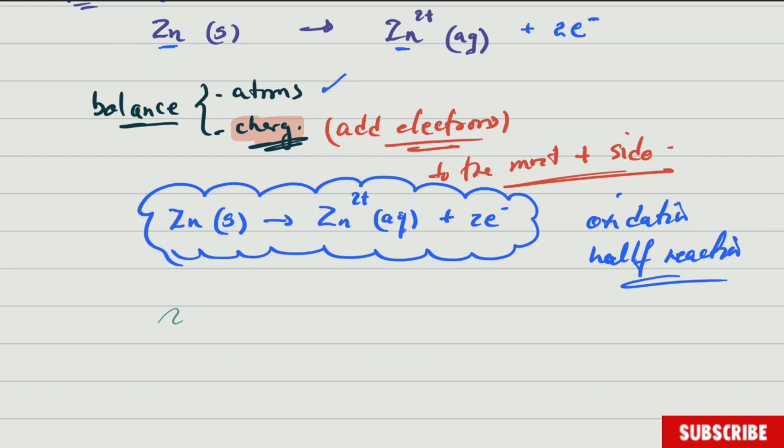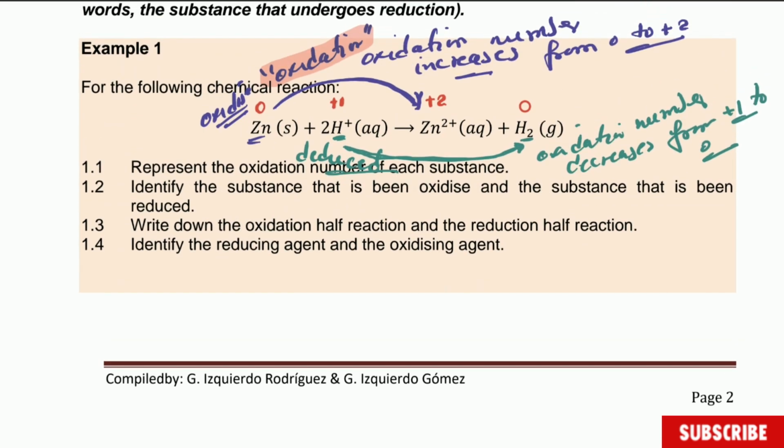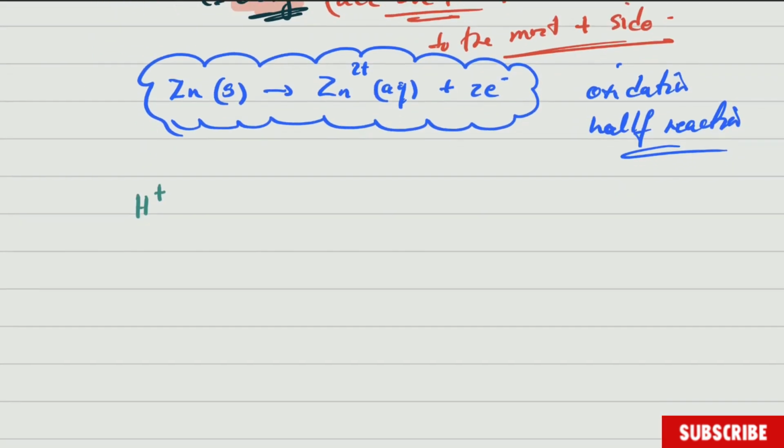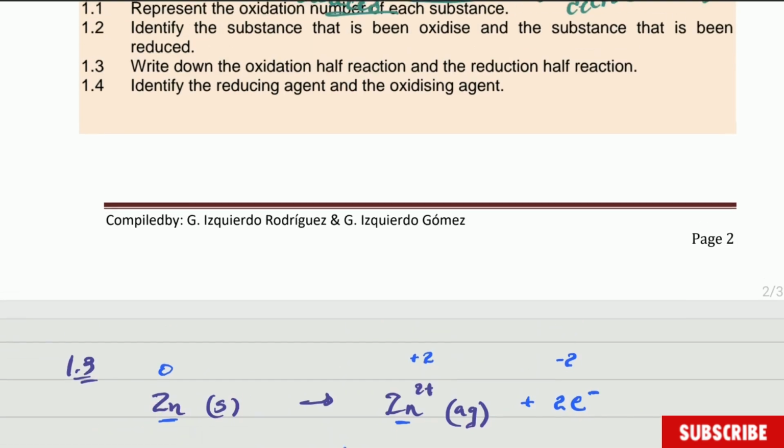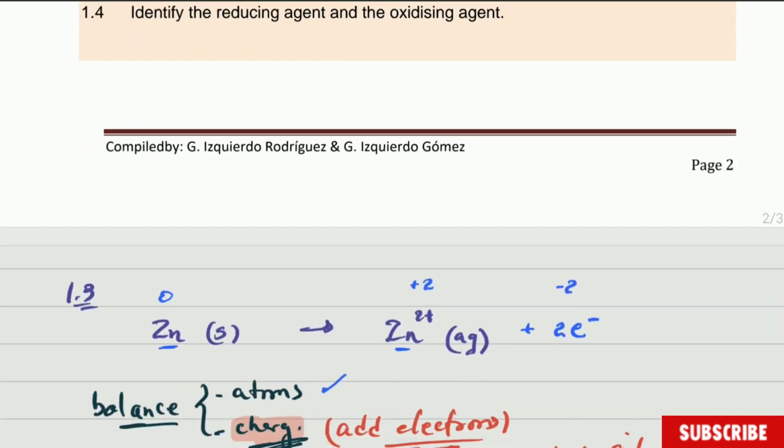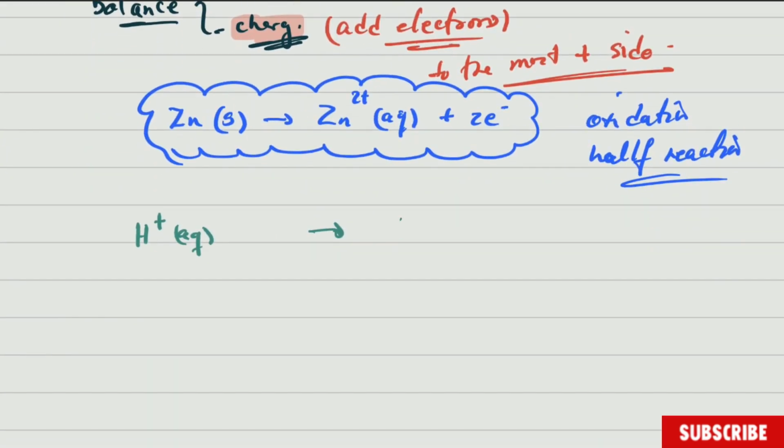For the reduction half reaction, we have H+ on the left hand side. It was aqueous. And on the right hand side we have H2 gas.